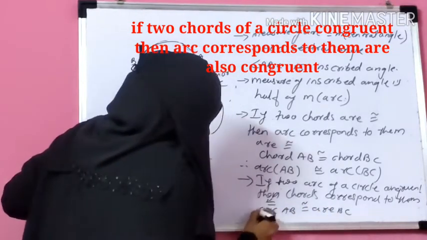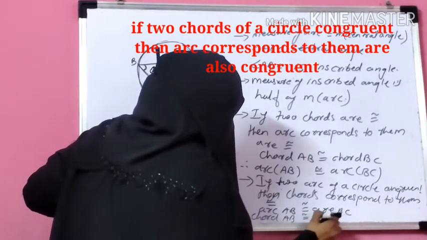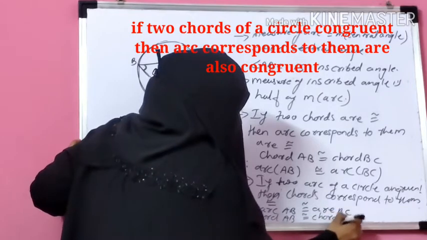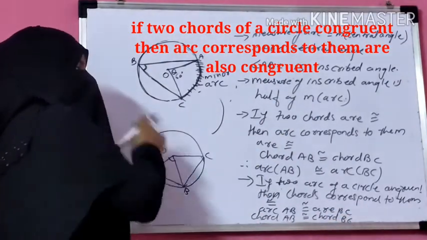Therefore chord AB is congruent to chord BC. Exercise 3.3 is based on these concepts.